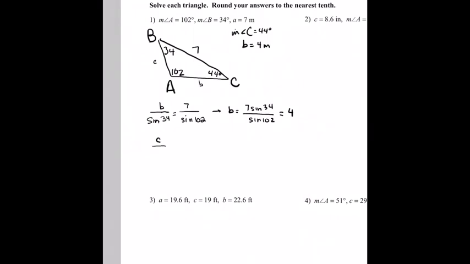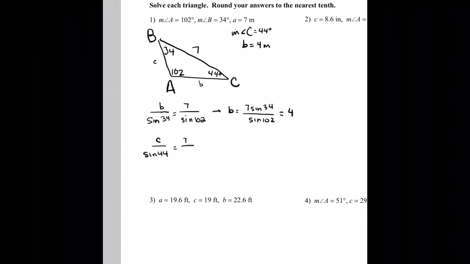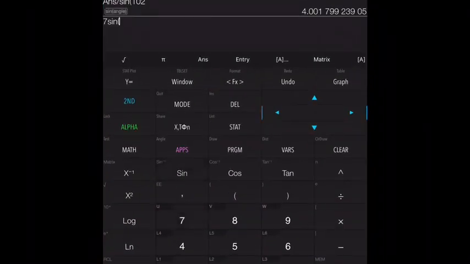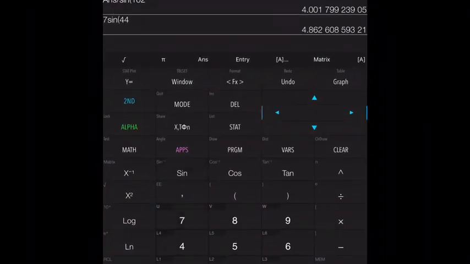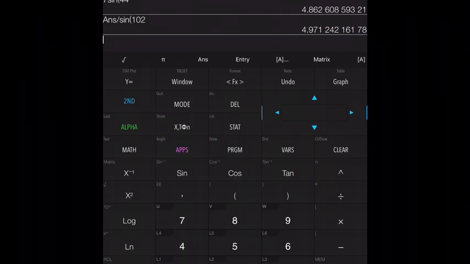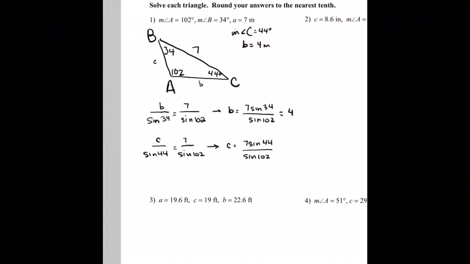Now we're going to do a similar thing here to find side C. So side C over sine of angle C, and I'm going to use A over sine of angle A. And if we multiply both sides by sine of 44, we need 7 times the sine of 44, and then divided by the sine of 102, which gives 4.97.